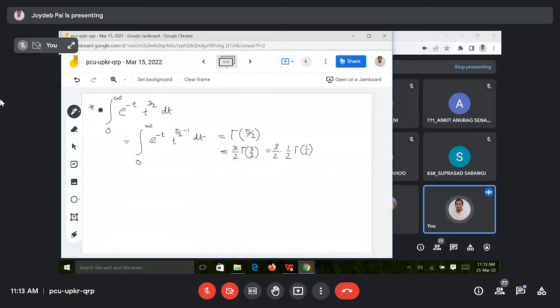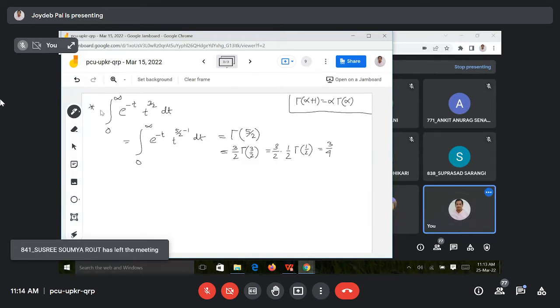Look, I am applying the property gamma alpha plus 1 is equal to alpha gamma alpha. Now it is 3 by 4, and what is the value of gamma half? Root pi. In the last class we have proved, right? Gamma half is equal to root pi. So ultimately that is the value of this integration. Very simple.